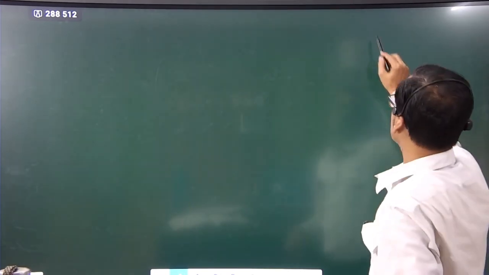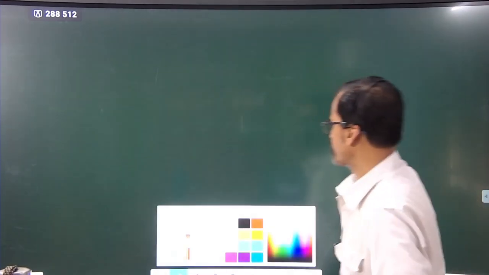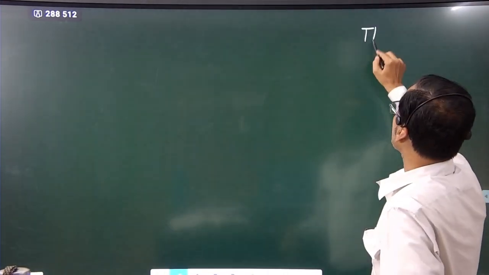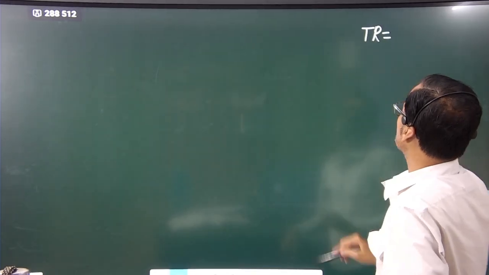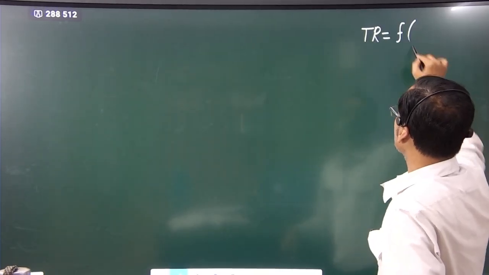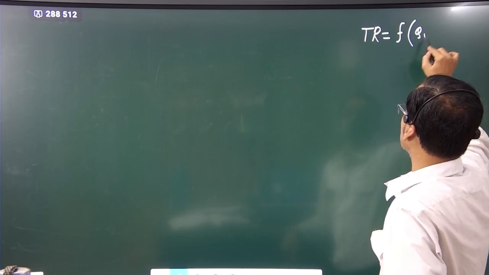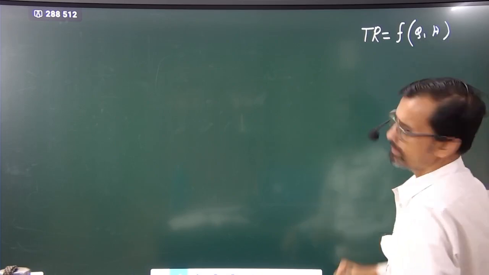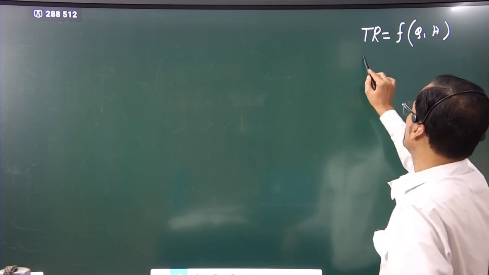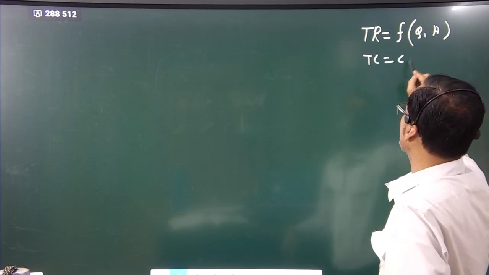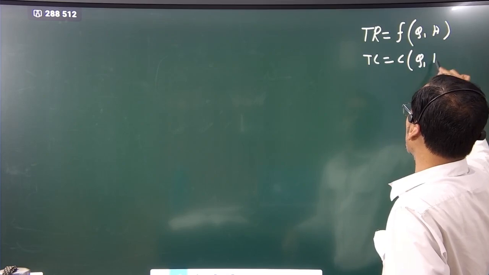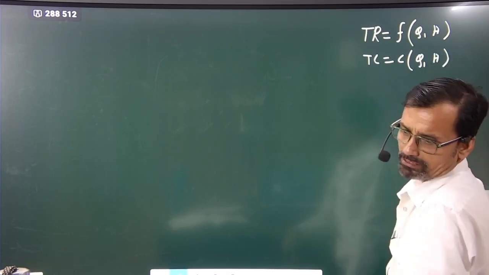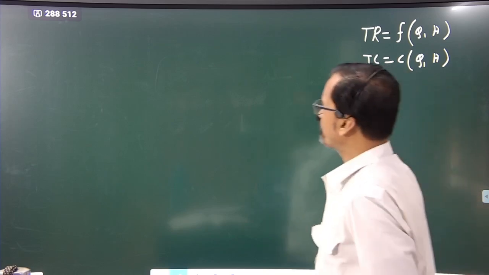In the case of an advertising firm, total revenue is a function of quantity and A. Similarly, total cost is also a function of quantity output produced and advertisement.